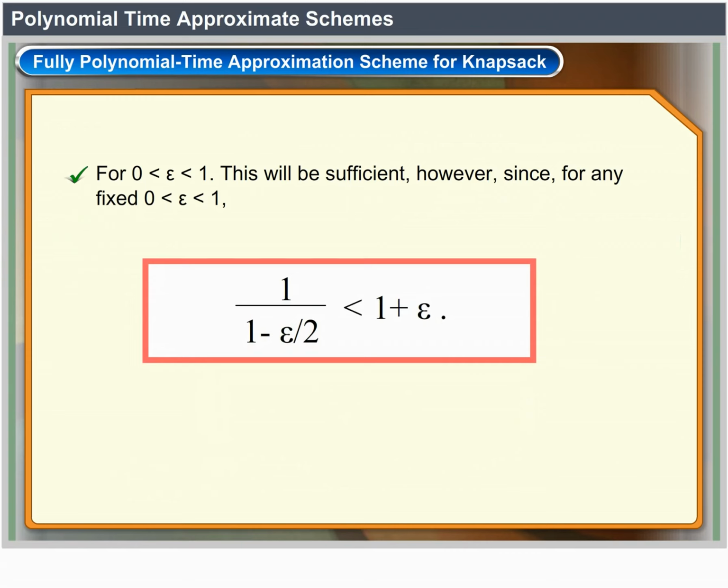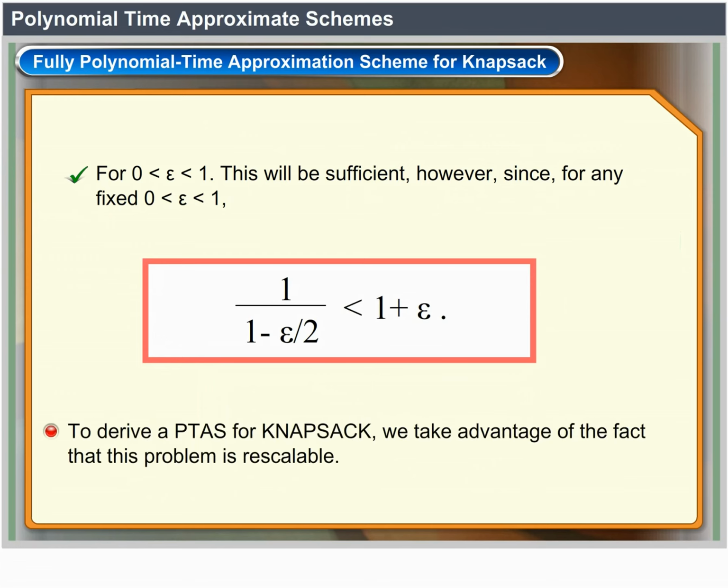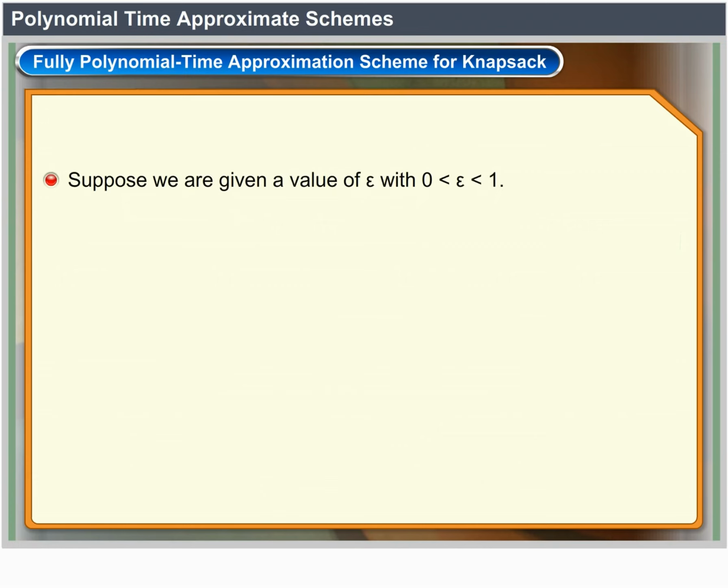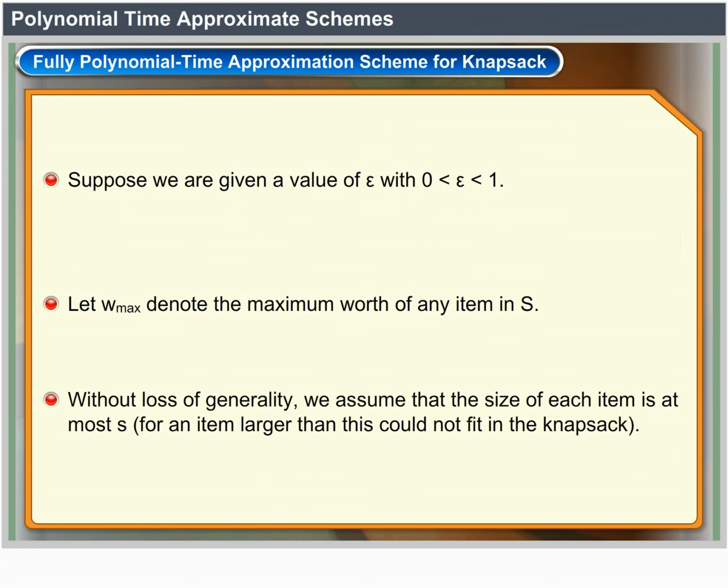To derive a PTAS for knapsack, we take advantage of the fact that this problem is rescalable. Suppose we are given a value of epsilon, with epsilon between 0 and 1. Let w max denote the maximum worth of any item in S. Without loss of generality, we assume that the size of each item is at most S, for an item larger than this would not fit in the knapsack.